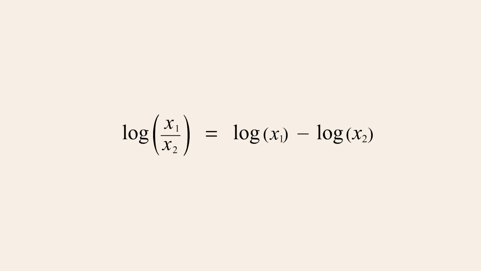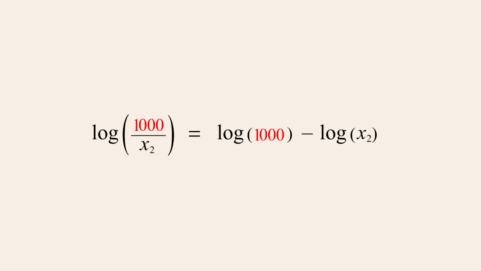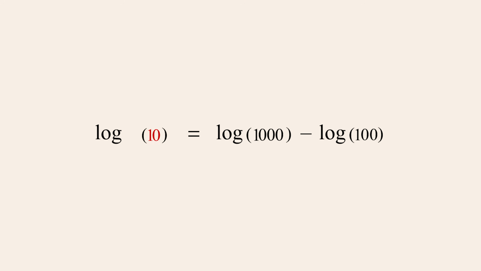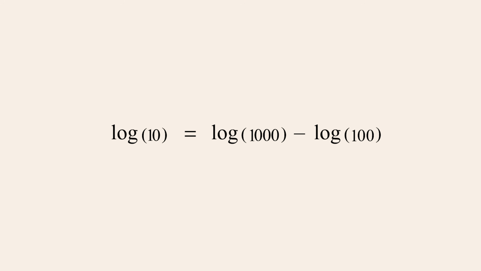A similar rule states that the log of two numbers x1 divided by x2 is equal to the log of x1 minus the log of x2. To test this rule, we will give x1 a value of 1000 and x2 a value of 100. 1000 divided by 100 is 10, and the log of 10 is 1.